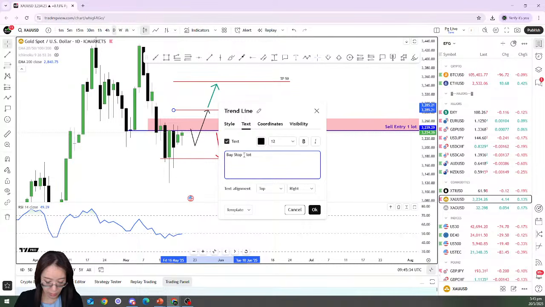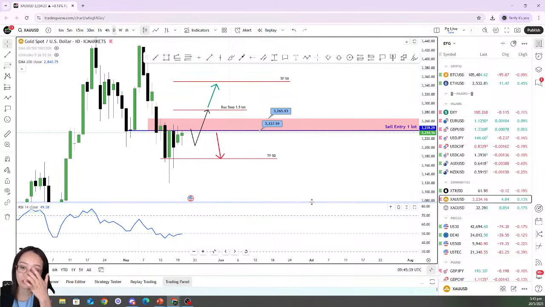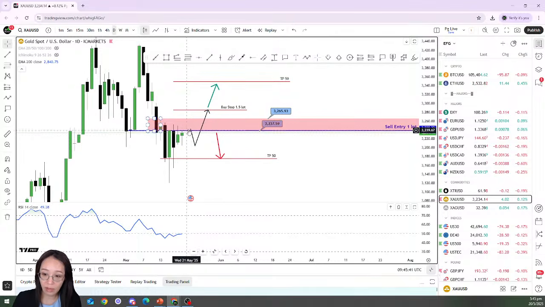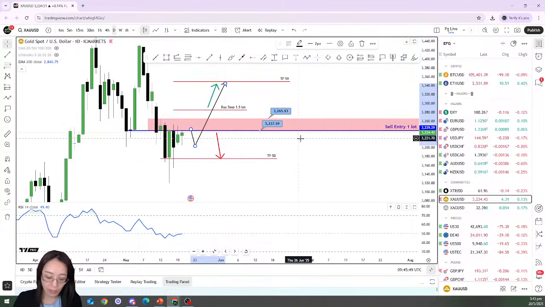So I'll put 1.5 lot. Why? Because now I still have a loss here at one lot. Price rising, if price hits my take profit here, how much would I have earned, guys? I short here one lot and I buy 1.5 lot. Price hits my take profit, how much would I have earned?